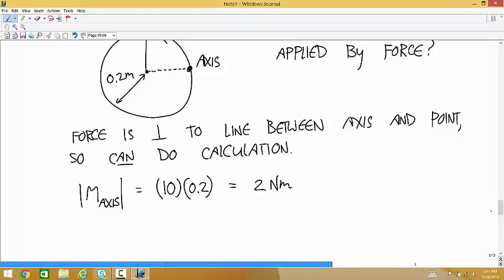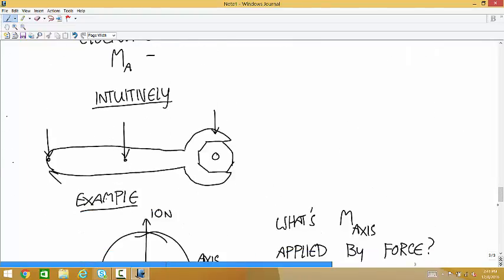So for the wrench problem, would it be better and then worse? Well, in the wrench problem, this axis doesn't move. The axis of rotation is the middle of the bolt. It's rotating around that bolt no matter where you hold on to it, and these things are just determining where that force is applied.